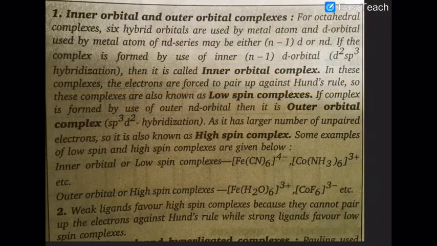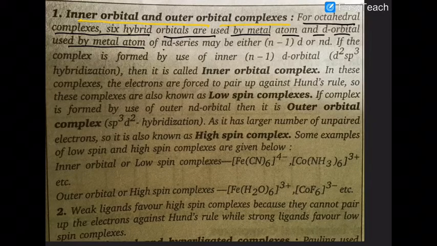Now we have to take into account one more picture, that is, what inner orbital and outer orbital complexes are. For octahedral complexes, six hybrid orbitals are used by the metal atom, and the d orbital used by the metal for the nd series may be either (n-1)d or nd.